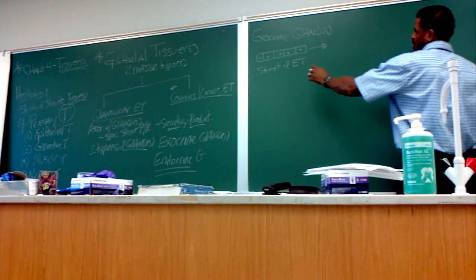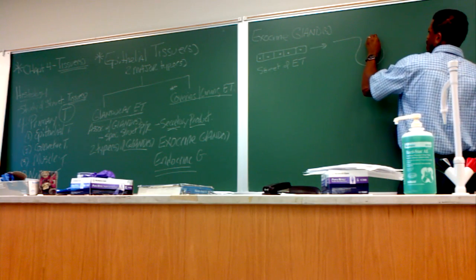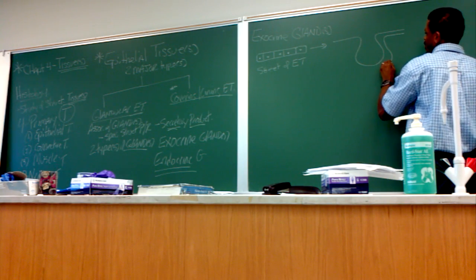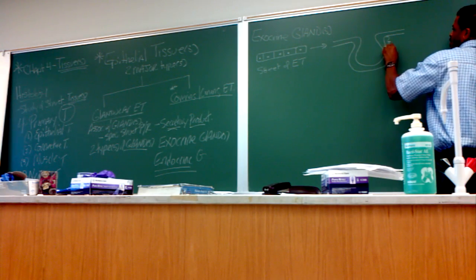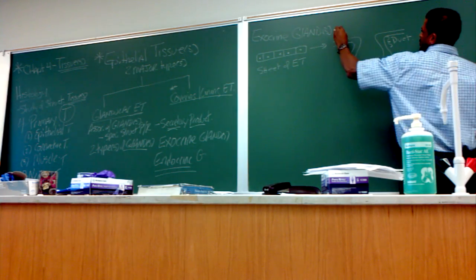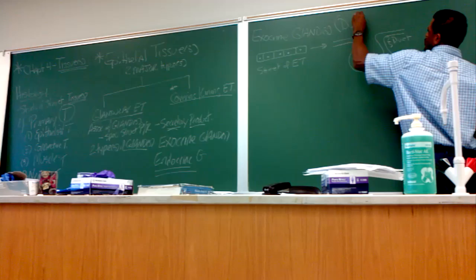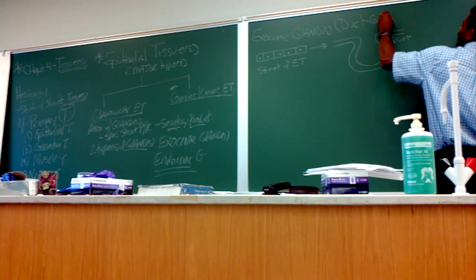The tissue will invaginate, and as it invaginates, it will form a duct. This will be the duct. So exocrine glands are commonly referred to as our duct-containing glands.